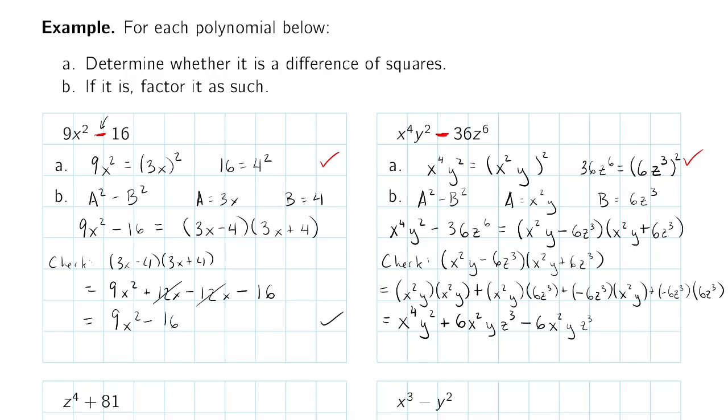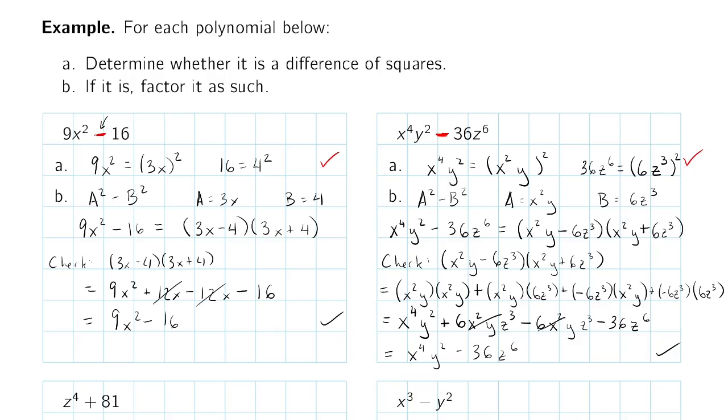And then multiplying the last two, we'll have a negative 36. And then z to the third times z to the third is z to the sixth. Again, those middle terms cancel out. And we're left with our original x to the fourth y squared minus 36 z to the sixth. Exactly as we hoped. Okay, so those two were differences of squares.